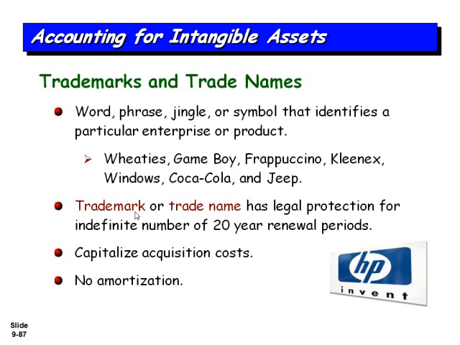It could be a word, a phrase, a song, a symbol that identifies a particular product or a company. Again, 20 years. Trademarks or trade names have legal protection for an indefinite number of 20-year renewal periods. At the end of 20 years, you've got to renew them or you lose that trademark protection. You capitalize the acquisition costs and you don't have to amortize a trademark.